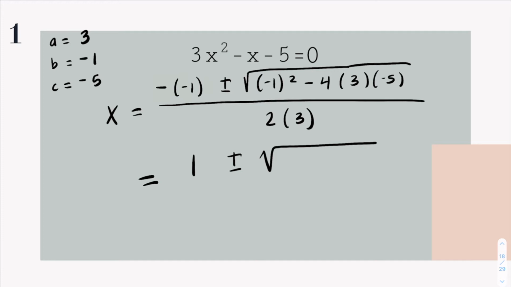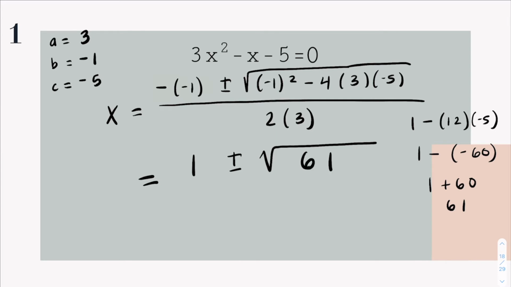So we have 1 minus 4 times 3 times negative 5. So we could do 4 times 3, which is 12. And then 12 times negative 5 gives us a negative 60. And so now we have 1 plus 60, which gives us 61. So we get our discriminant to be 61 all over 2 times 3, which is 6.